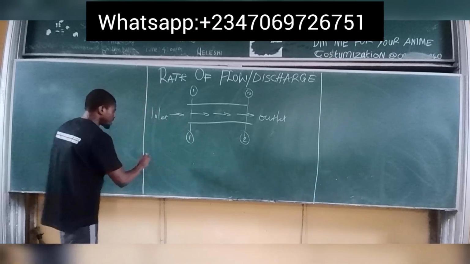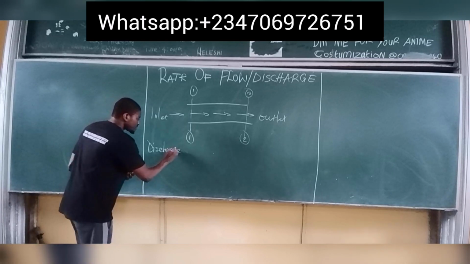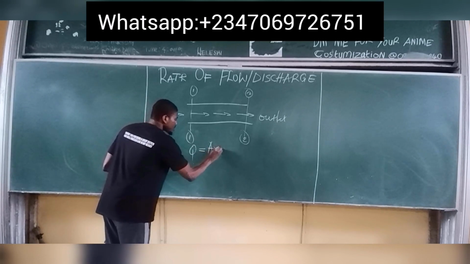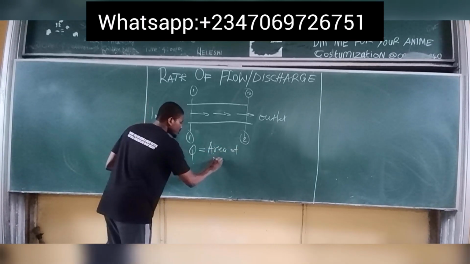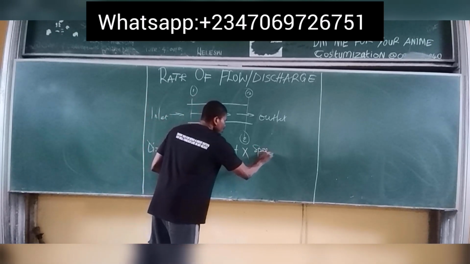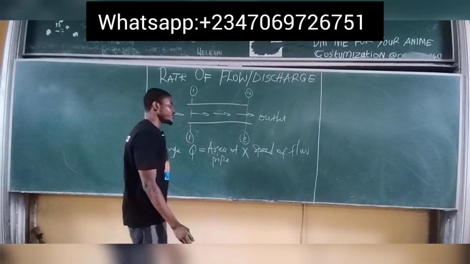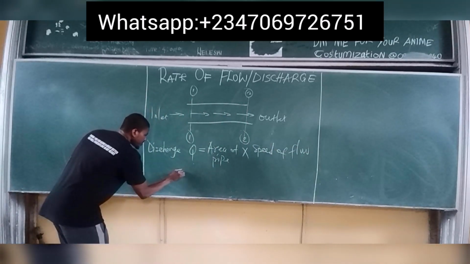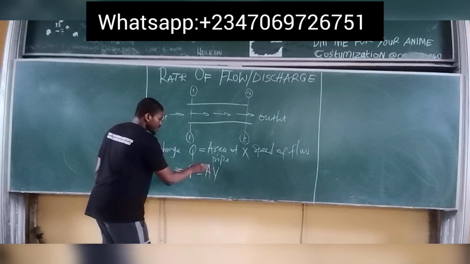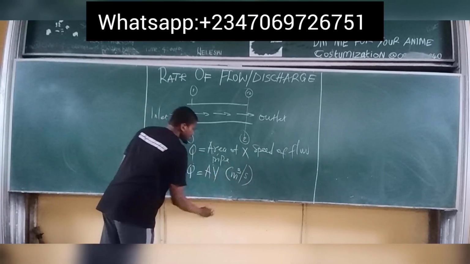So discharge or rate of flow, symbolized by Q, is simply given as area of pipe multiplied by the speed of flow or velocity of flow of the fluid. And this implies that discharge Q is equal to area times velocity, and the unit is measured in meter cube per second, okay.